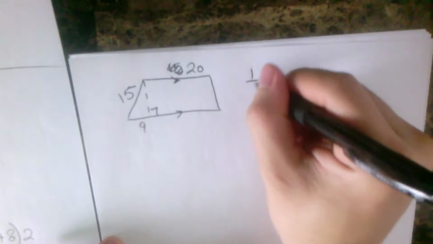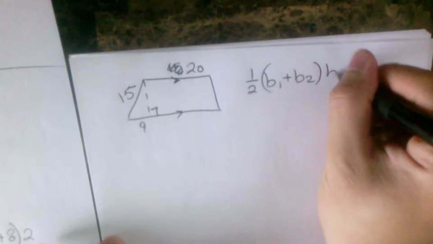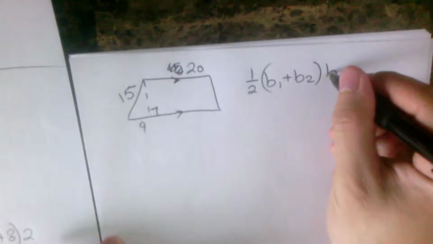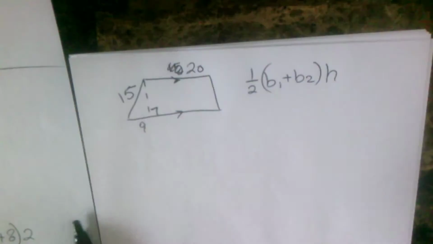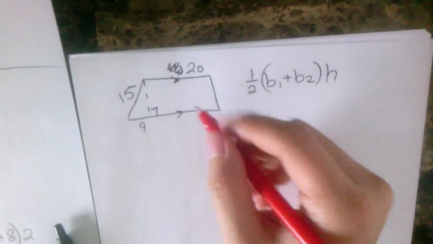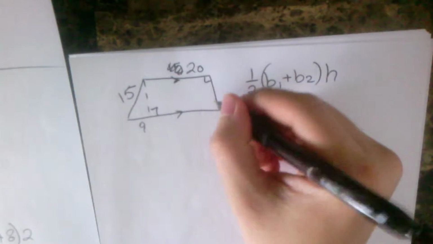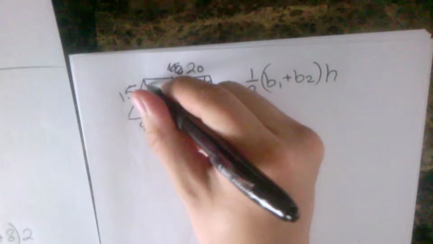So remember, our formula is 1/2 base 1 plus base 2 times height, and we're missing some information. Let's go ahead and see if we can't come up with some stuff. First off, we actually know how long this is. Well, technically no we don't, but if I tell you these are 90, you're fine.